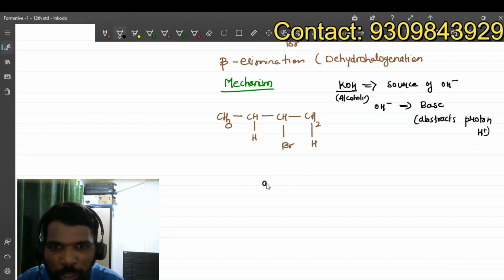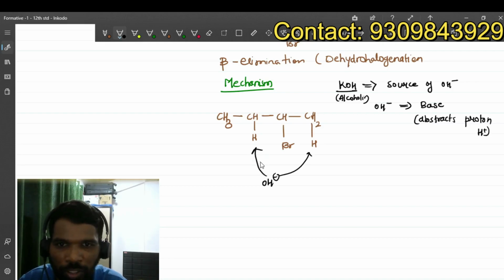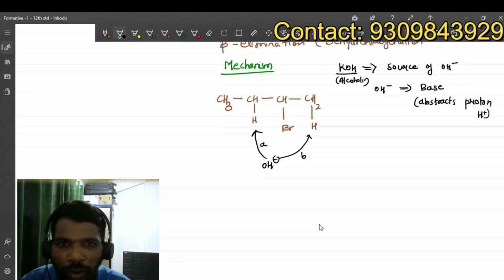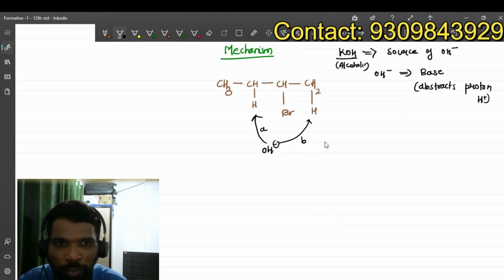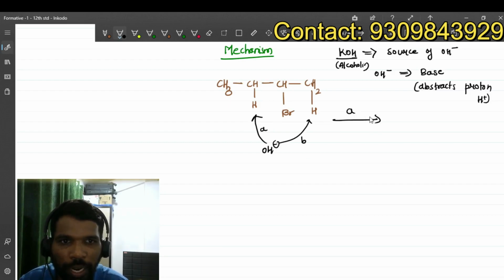It abstracts a proton which is a H plus. Means our OH minus is here. One possibility it will abstract hydrogen from here. Another possibility that it will abstract a hydrogen from here. So I'll write this to be A pathway. This is to be a B pathway. So if it is through A, means this hydrogen, you will get this CH3 CH minus, this is CHBr and CH3.